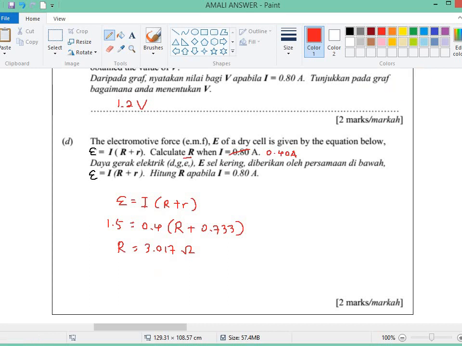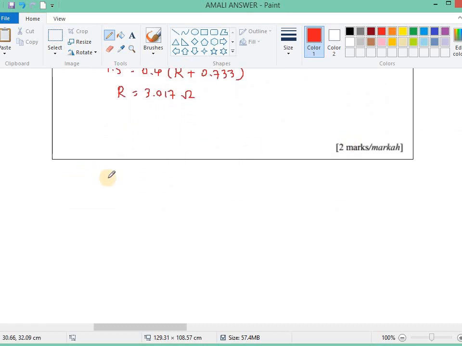Okay. Other thing that they may ask is to give the precautionary measures. So what are the precautionary measures that you can give?